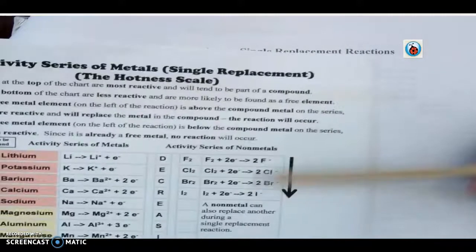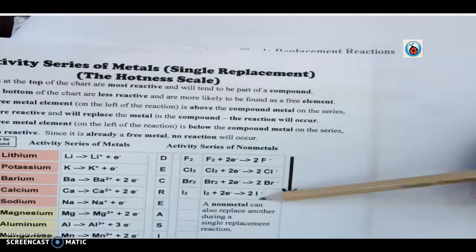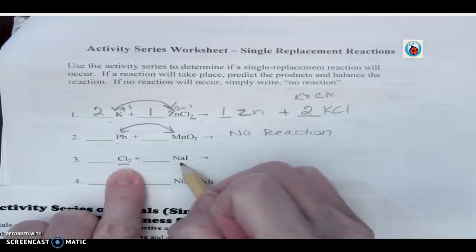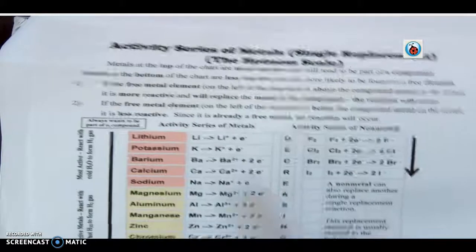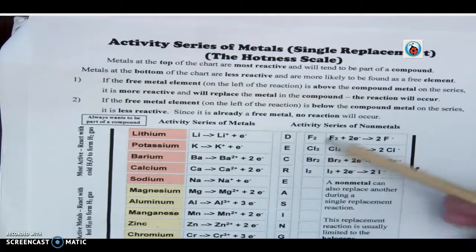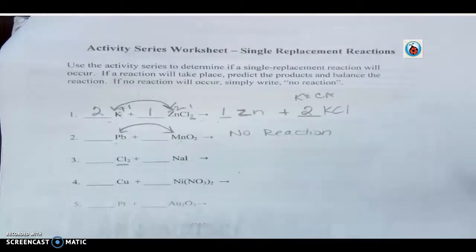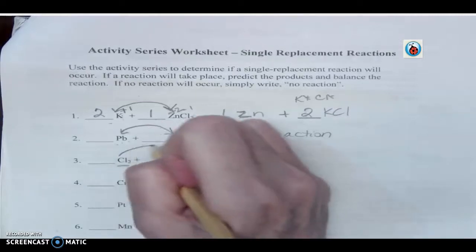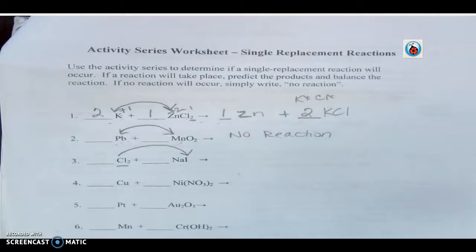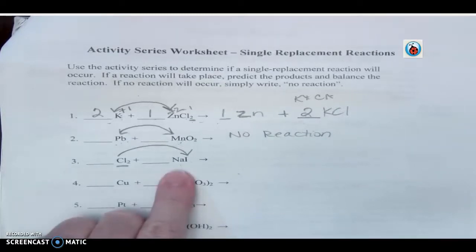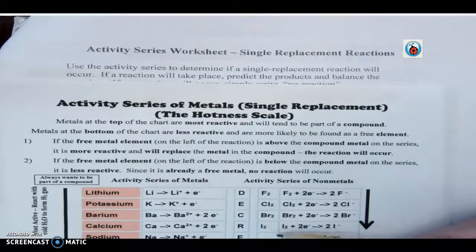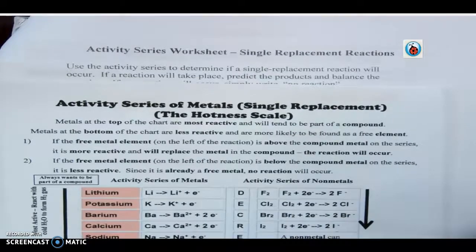So we're going to do the same thing. Who's higher up, chlorine or iodine? Chlorine will not switch places with sodium. They're on 2 different teams. Sodium is on the metal side. Chlorine can only switch places with people on his team. So the question is, will chlorine and iodine switch places? Not sodium. Because chlorine's higher up than iodine, the switch will take place.